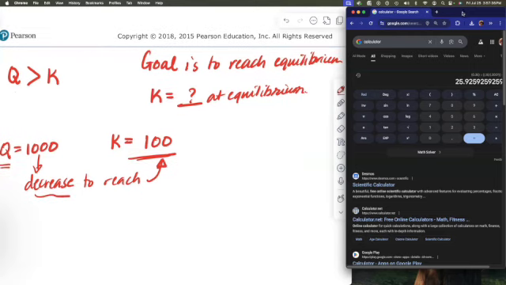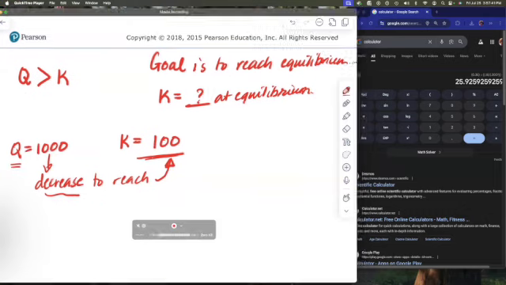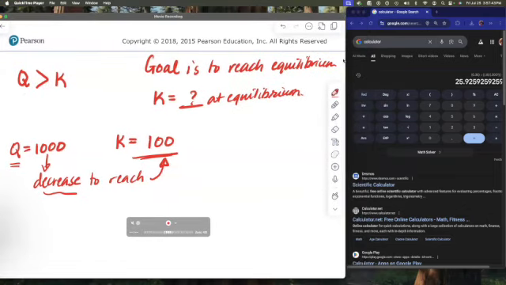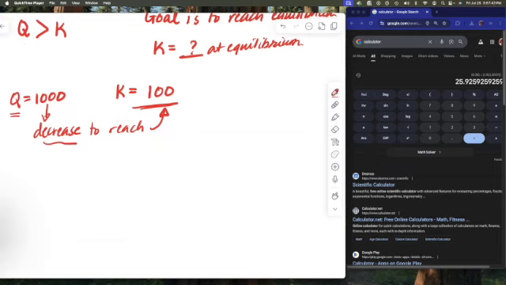Well, how do we decrease it, you ask? I shall tell you. Let's go back to that relationship between the equilibrium constant expression and the reaction quotient. We said the reaction quotient Q is equal to product raised to the power of the coefficient over reactant raised to the power of the coefficient, right? Like that.